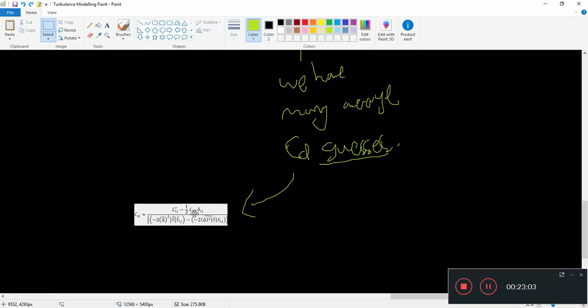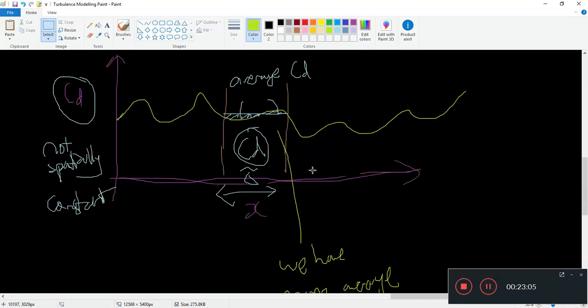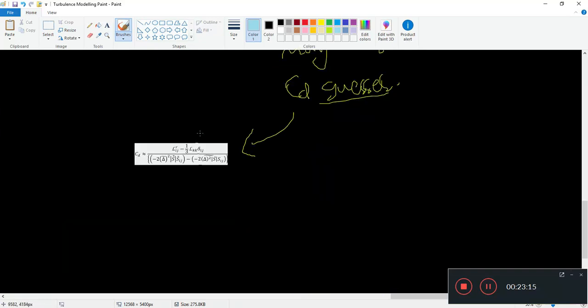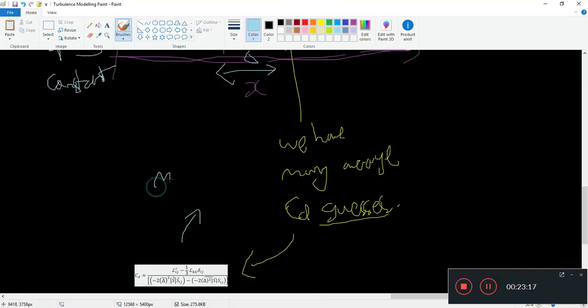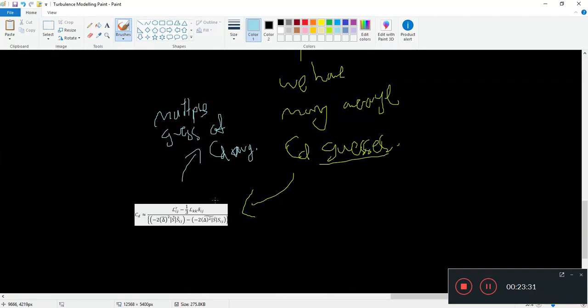Based on this formula, you have many averages you can guess. It can be an average over here, the average can be over here, the average guess can be over here. You don't really know. So this will give you multiple guesses of CD average.